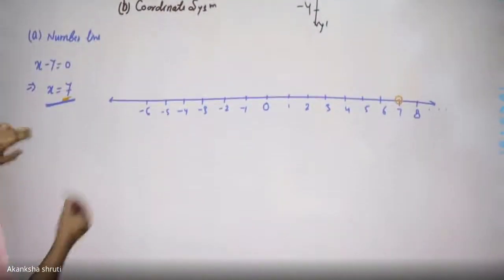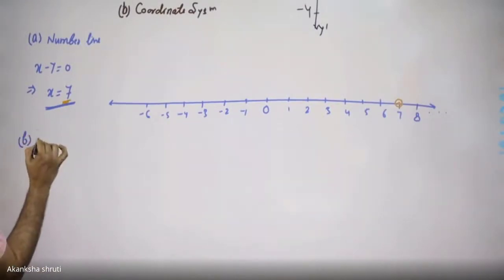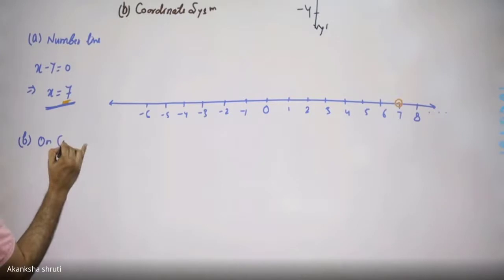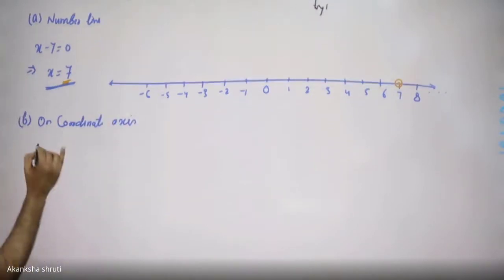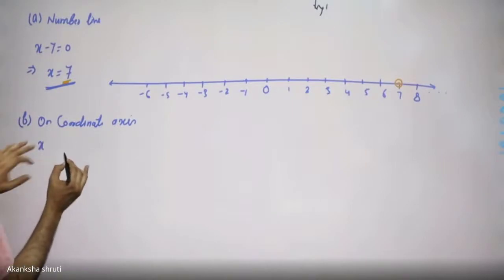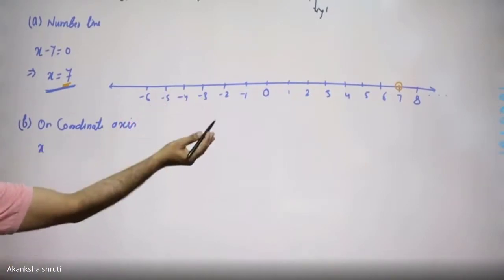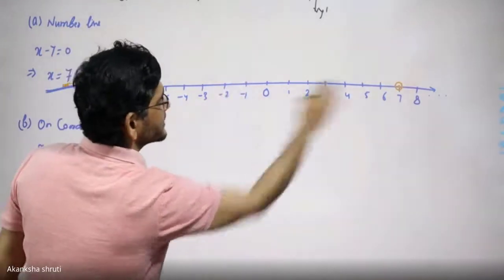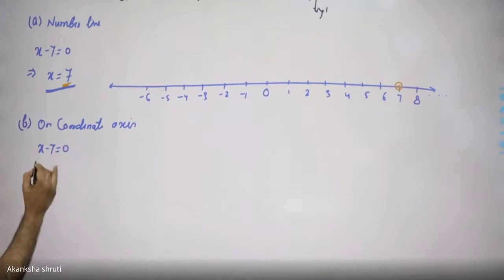Students, but the next one is on the coordinate axis. On the coordinate axis we have a two-dimensional plane rather than this number line. Our equation is x minus 7 is equal to 0. This x value is 7.